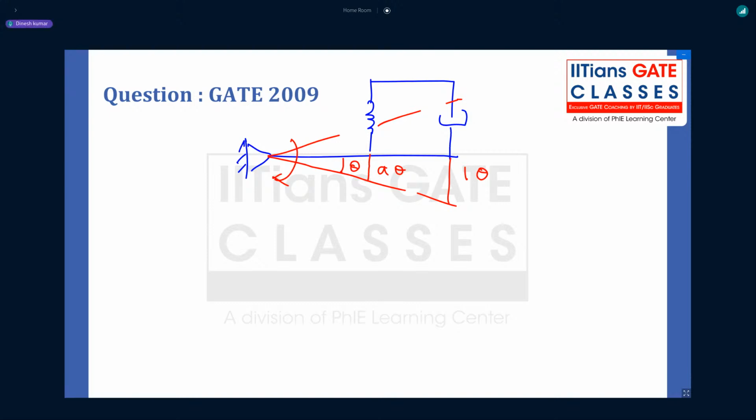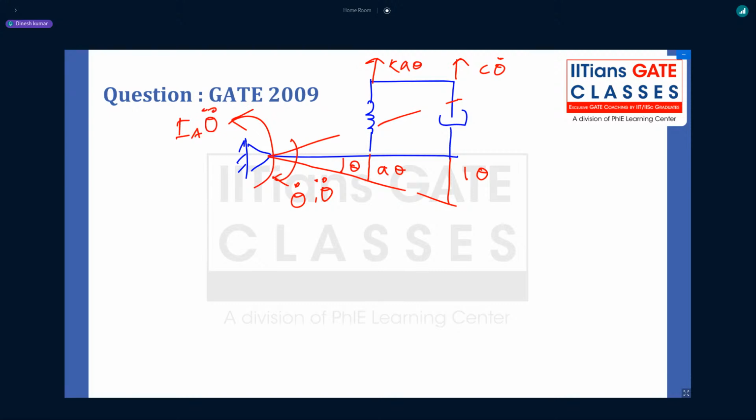Now guys, when this is moving in this direction, you have theta dot velocity and theta double dot acceleration. So you will have the forces: the spring force, which will be K times a theta, then the damping force, which will be C theta dot. Now guys, there will be inertia, right? It will be in the opposite direction of the motion, and it will be Ia theta double dot.